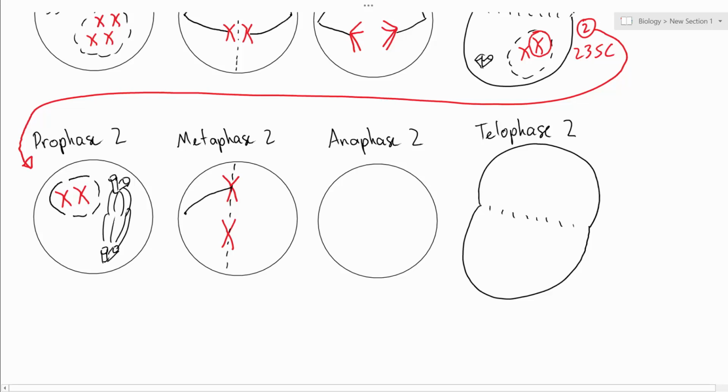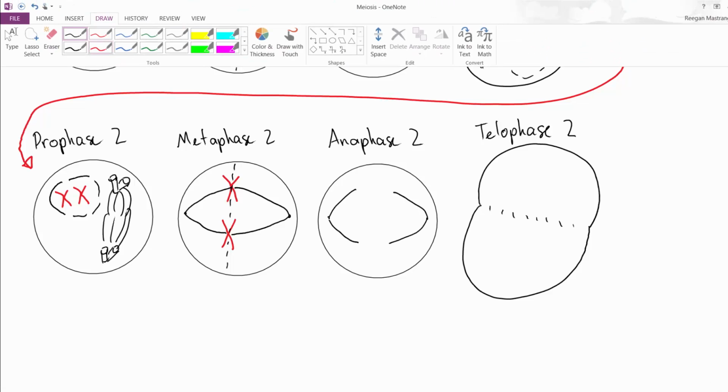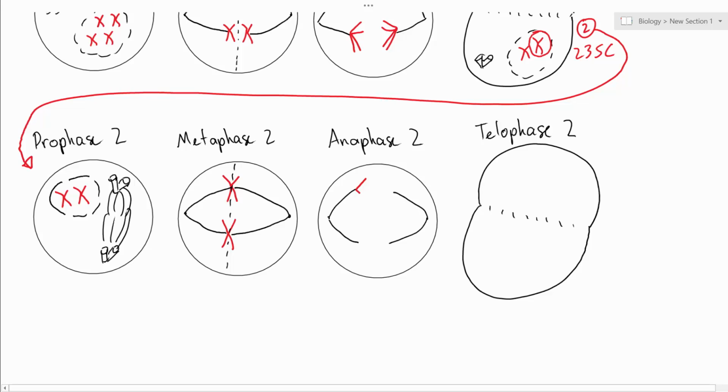So now the spindle fibers will actually split the sister chromatids in this division, so that when we get to anaphase 2, we have our sister chromatids being split apart into now individual chromosomes.